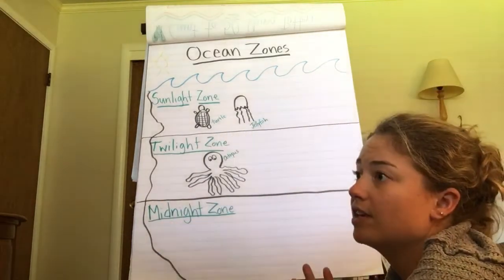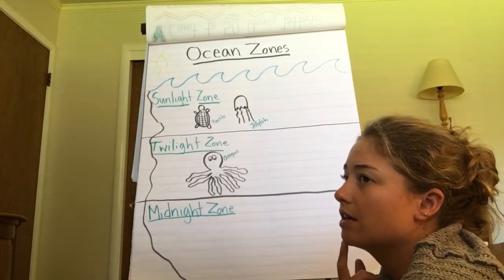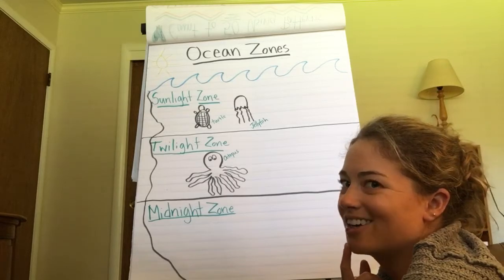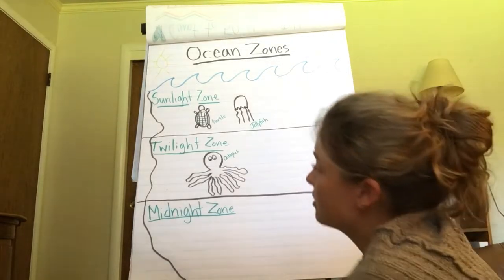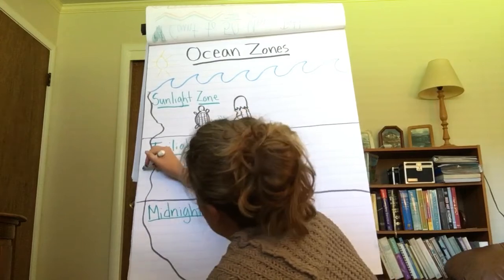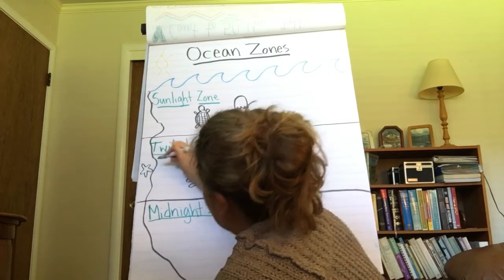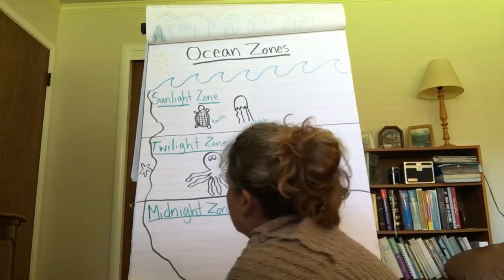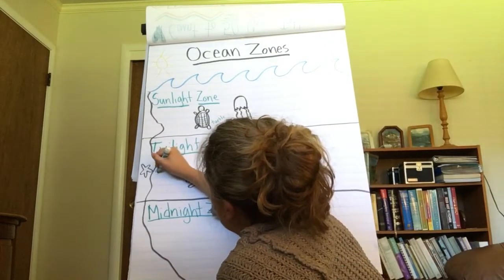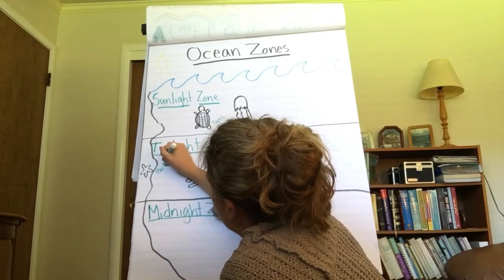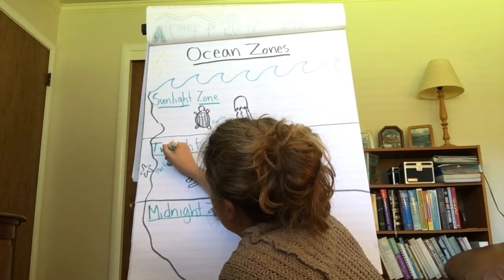It has 5 legs. It looks kind of like a star. A starfish or a sea star, right? So I'm going to draw 1, 2, 3, 4, 5. I'm going to write starfish. Starfish. Oops.